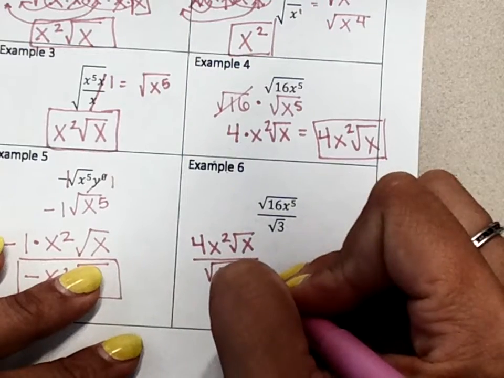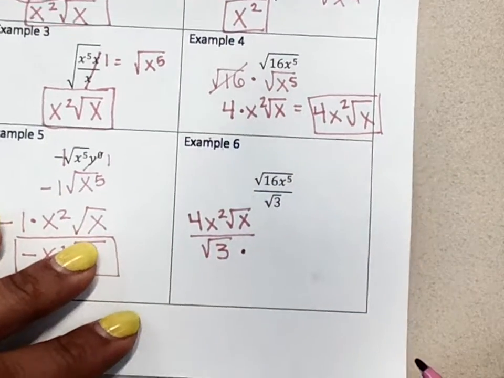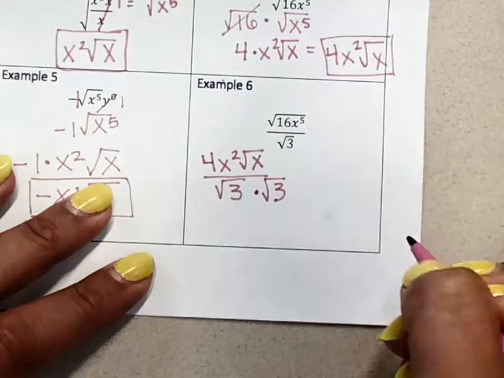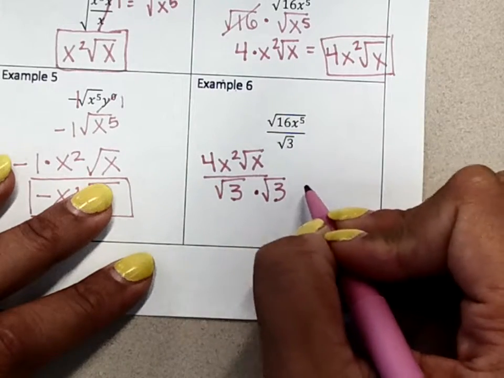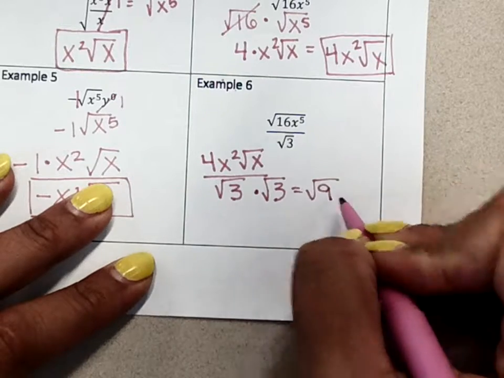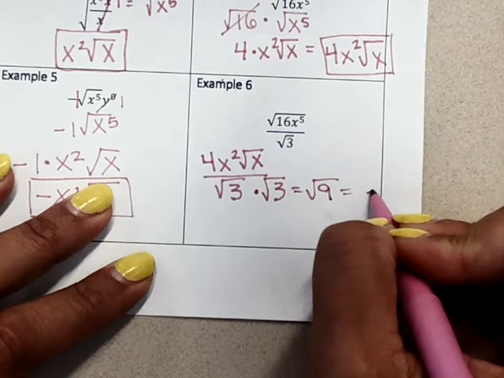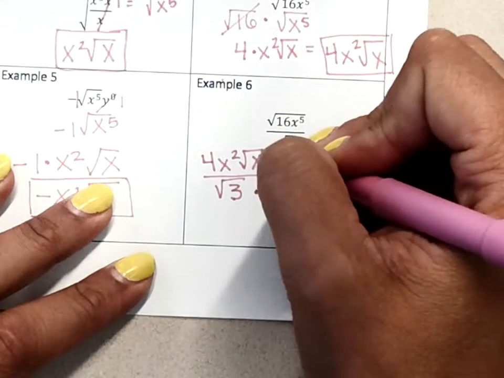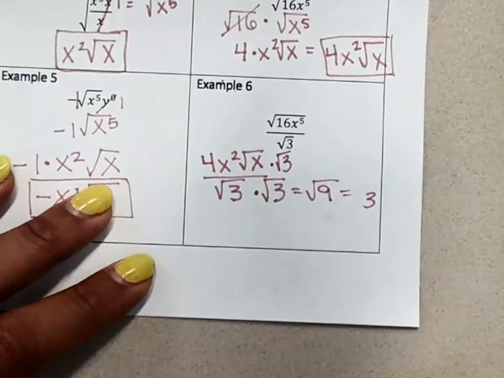To get rid of the square root of 3, we want to create a perfect square. So we multiply by root 3 because 3 times 3 will give us the square root of 9, which is a perfect square that can be simplified to 3. I'm also going to multiply the top by the square root of 3.